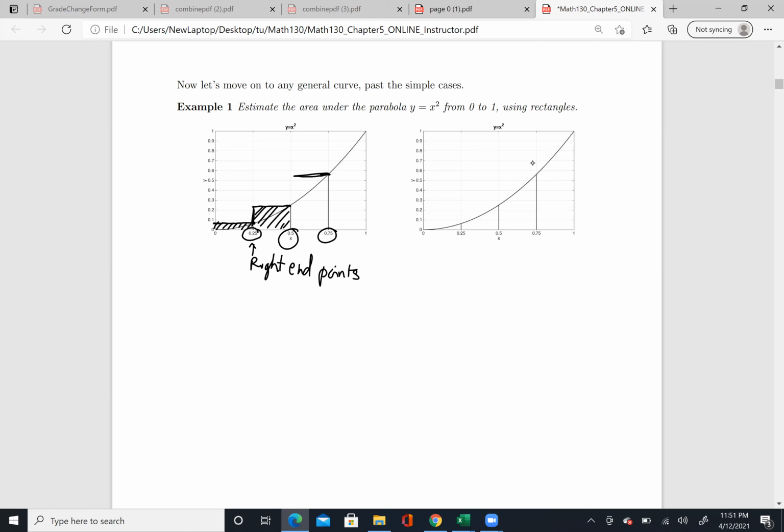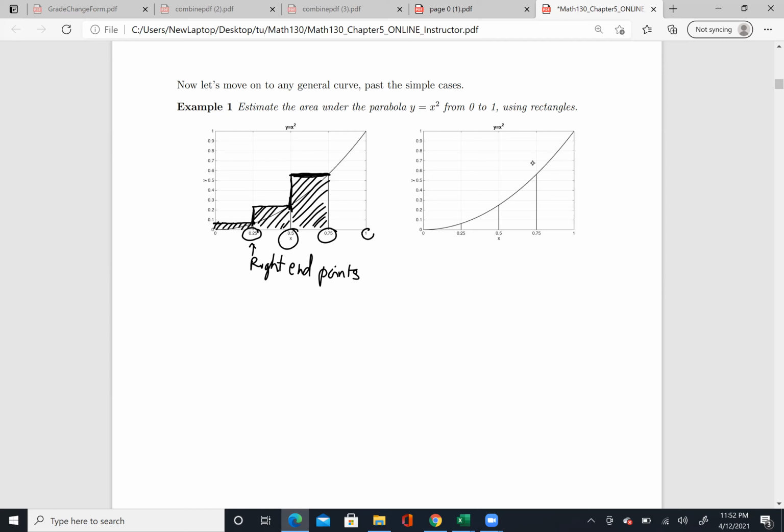You also get another rectangle if you make the horizontal line from the right endpoint 0.75 until 0.5 here, and again the area of this rectangle is over the parabola.